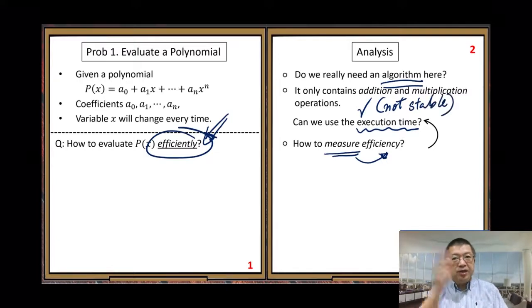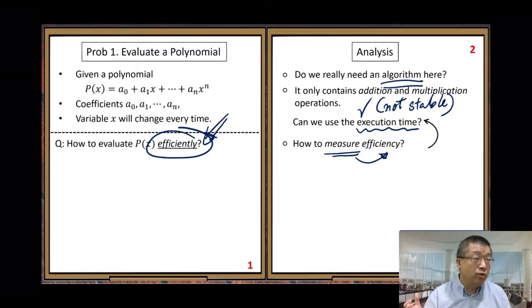So what do you mean not stable? First, it relies on the computer you use. Do you use a supercomputer or some very cheap low-end computer? And also some other factors are possible.